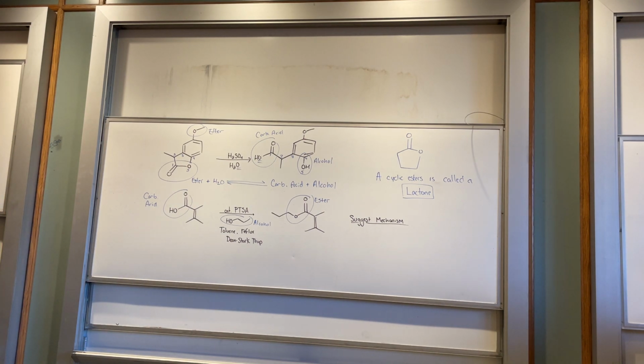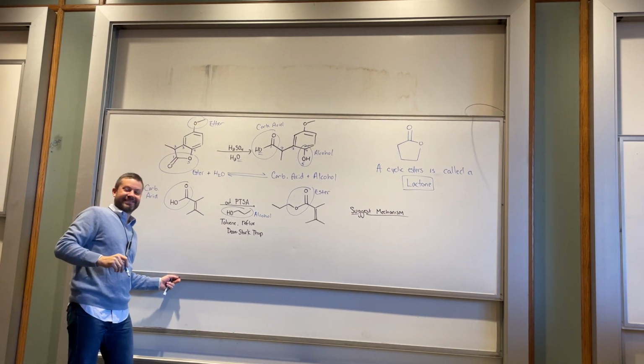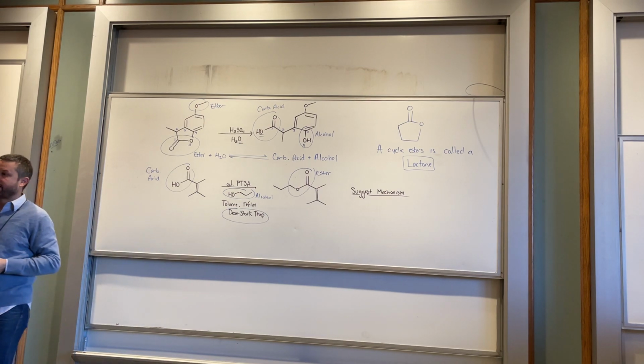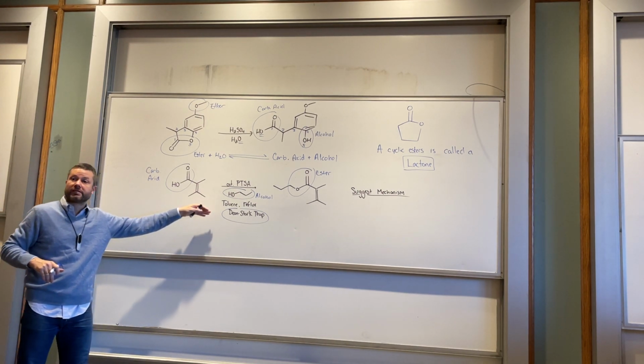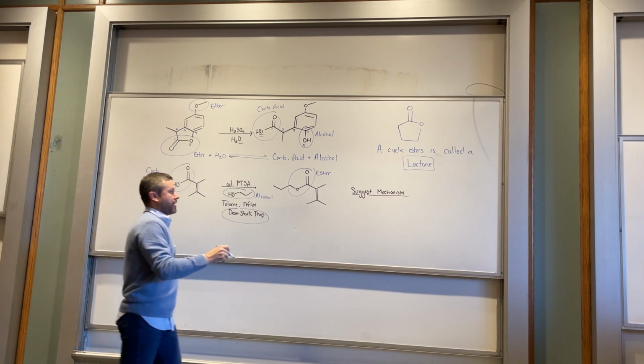How do we know water is being formed? Because we use the Dean Stark. Yeah. This is the apparatus that you set up in lab, the Dean Stark trap. As long as we're using toluene and refluxing, it helps us get rid of any water that's formed in this reaction.